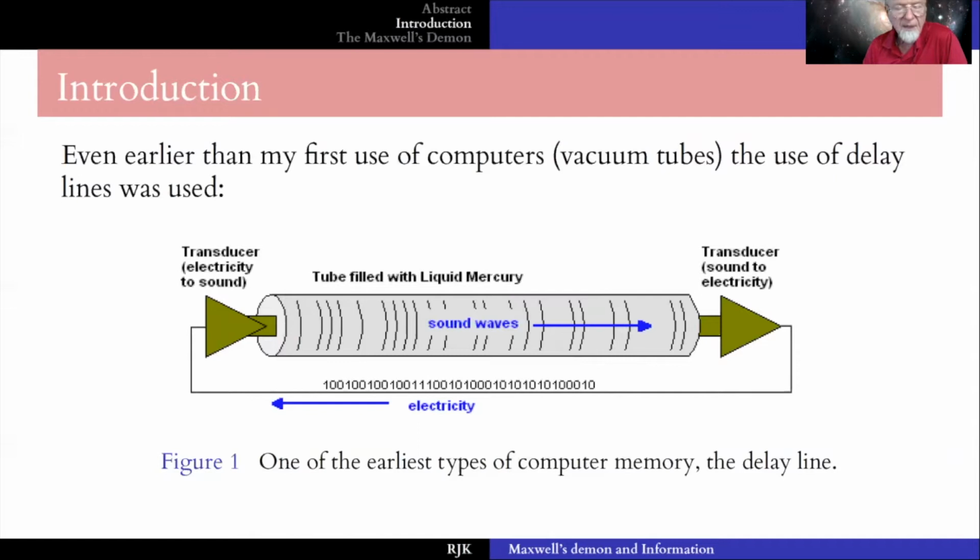Of course, the speed of sound in the liquid tubes was much slower compared to the electricity, the current in the wires. So the material could be wrapped around and started over again, the data in this signal going around and around and around.